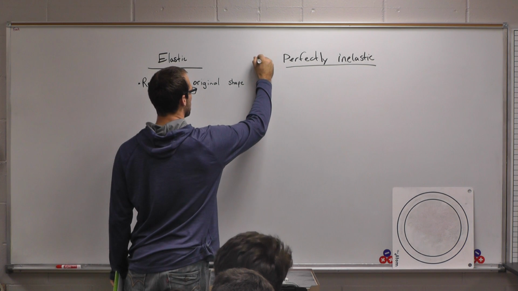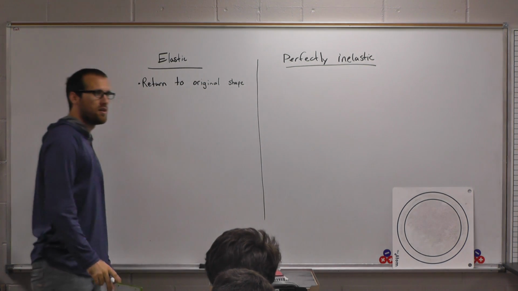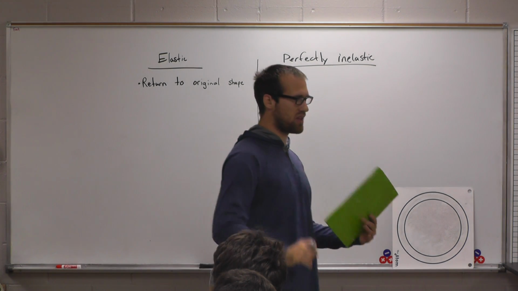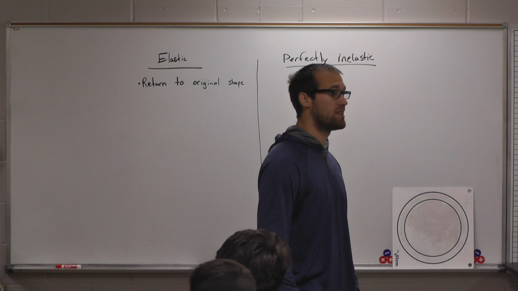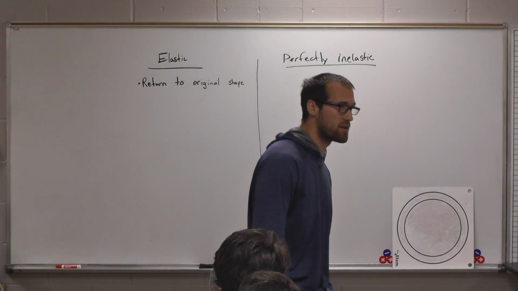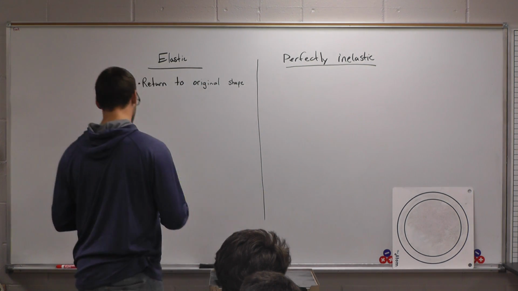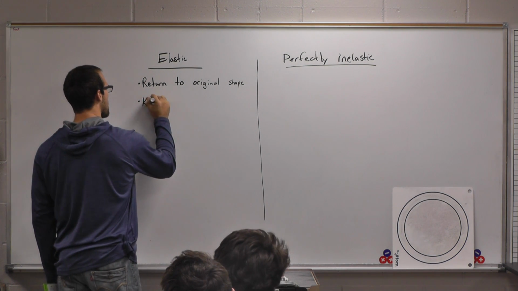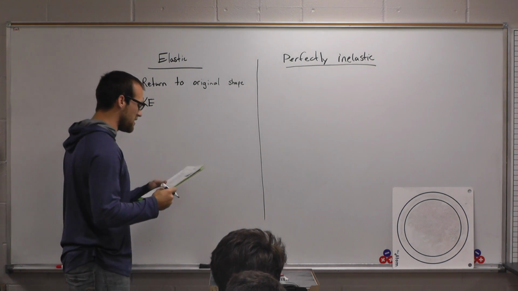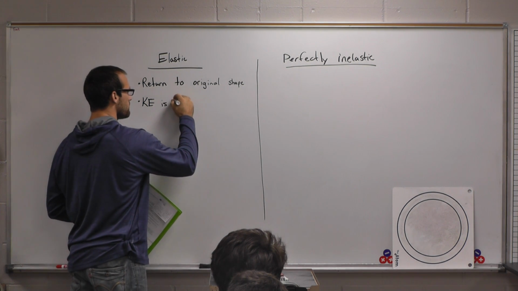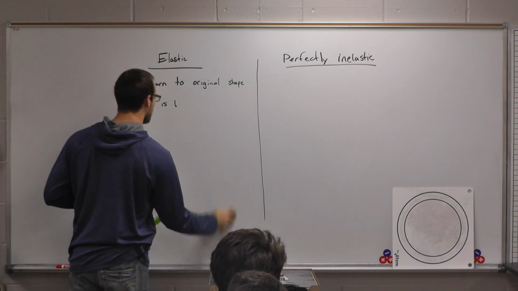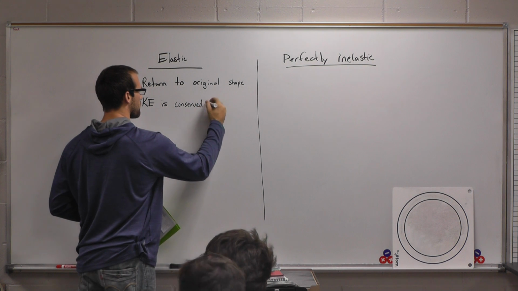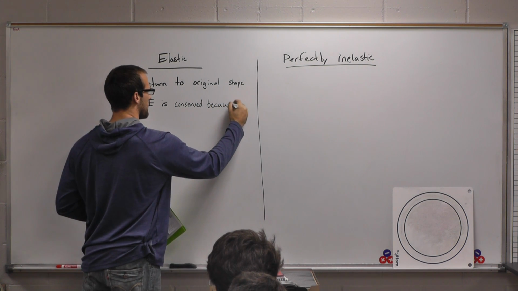So at some point they do deform, right? We talked about the 2 things that collided that did deform a little bit, but then they went back to their original shape because they were elastic. Does that make sense? Okay? Then we said in this particular situation the kinetic energy is conserved. But the only way the kinetic energy is actually conserved is because we're making an assumption.